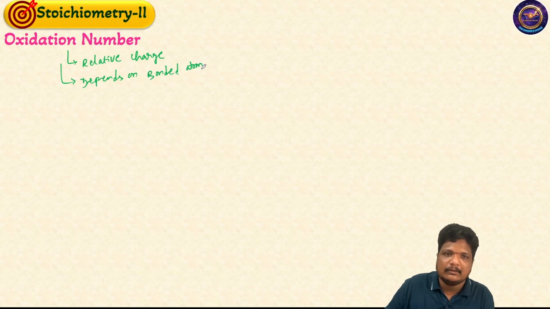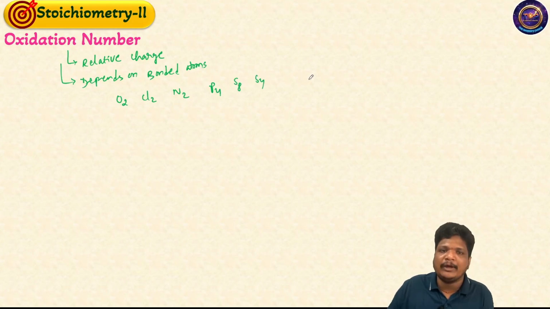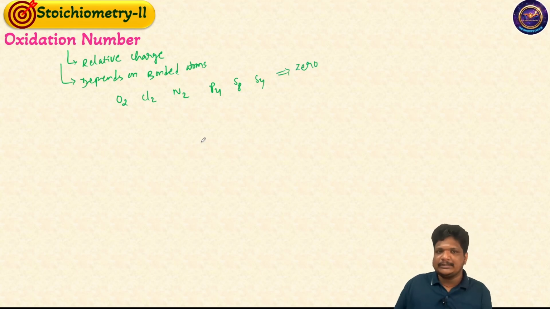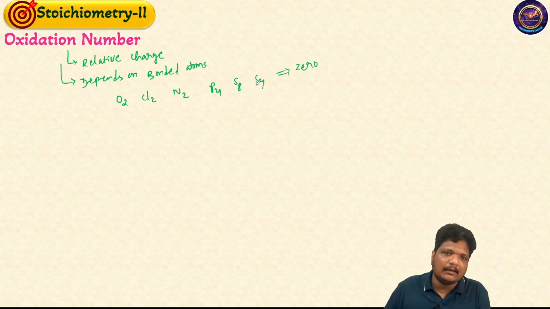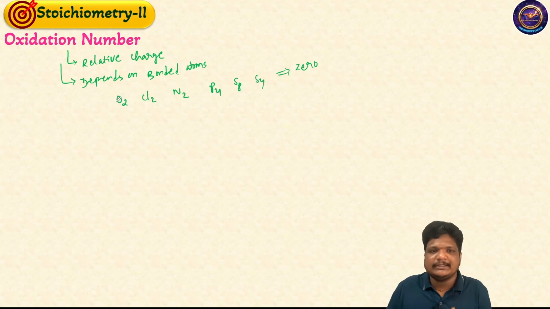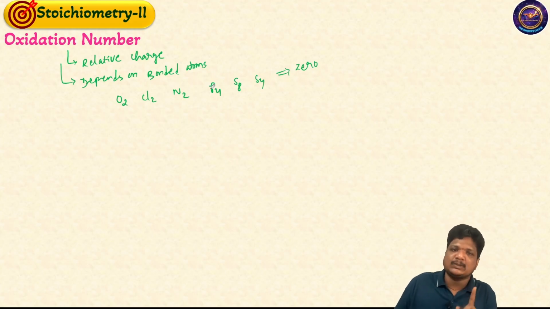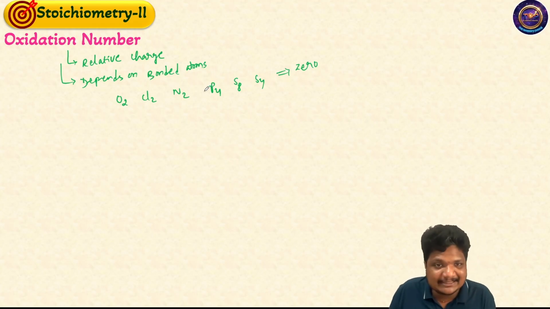At the same time, in the case of homoatomic molecules such as O2, Cl2, N2, P4, S8, S4, these have oxidation number 0. Here all the atoms are the same, so between the same atoms there is no difference in electronegativities.